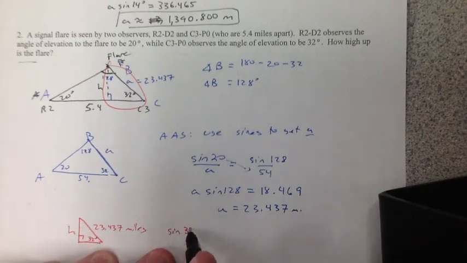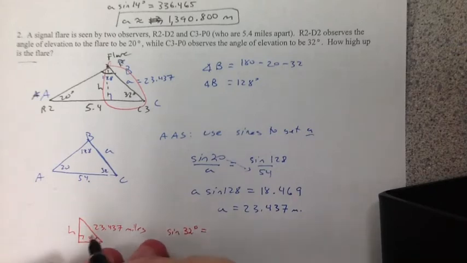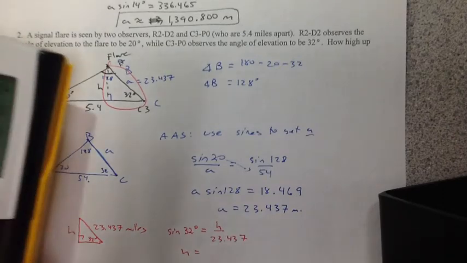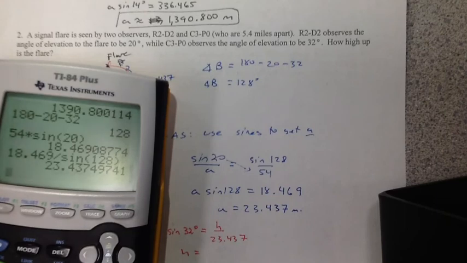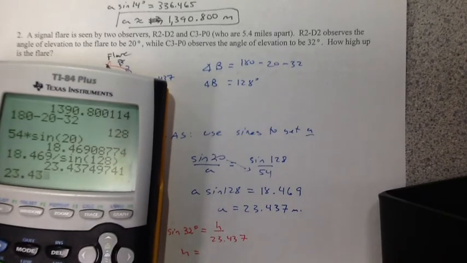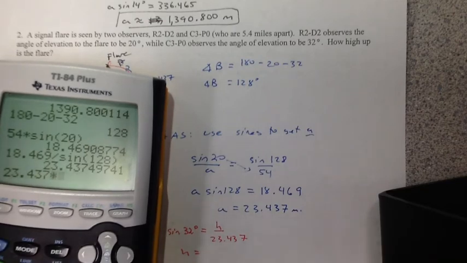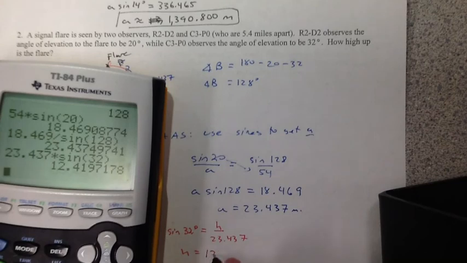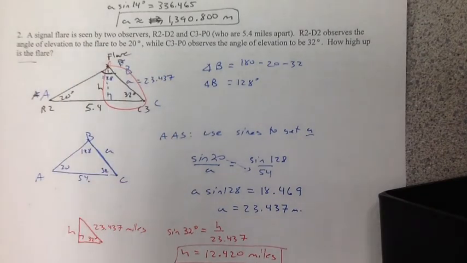The sine of 32 degrees equals the opposite over the 23.437. H therefore equals, if I type that in my calculator, just cross multiply, take the 23.437 times the sine of 32, and we get 12.420 miles. So the flare is about 12 miles in the air.